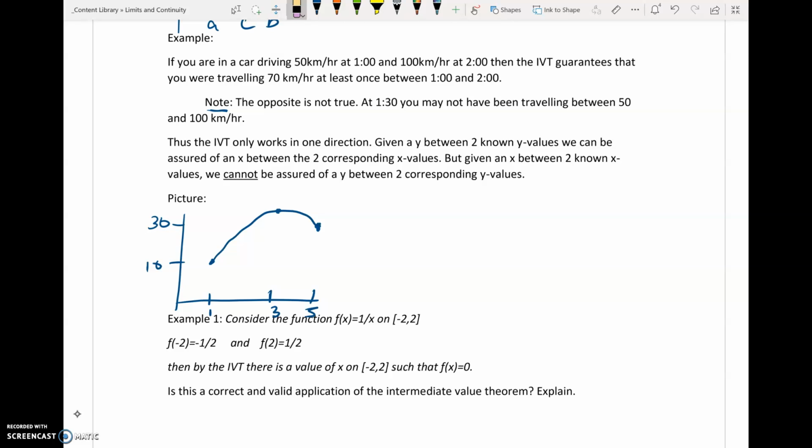Here's an example of this picture here. Let's just say we're going to use f of x is equal to 25. And this will occur at least once, according to the IVT, between 1 and 5, because that's the interval that's given to us in the picture.